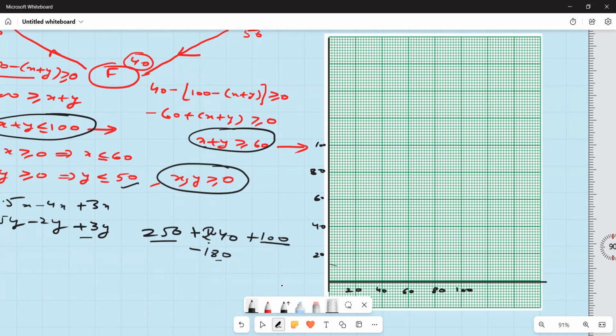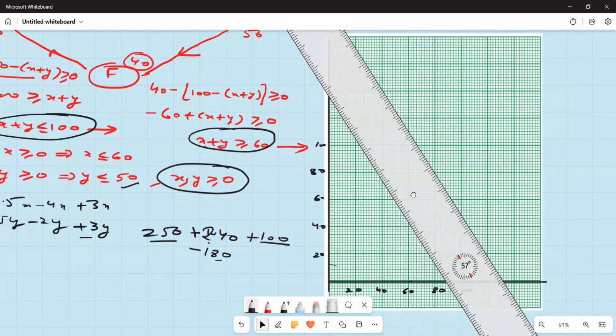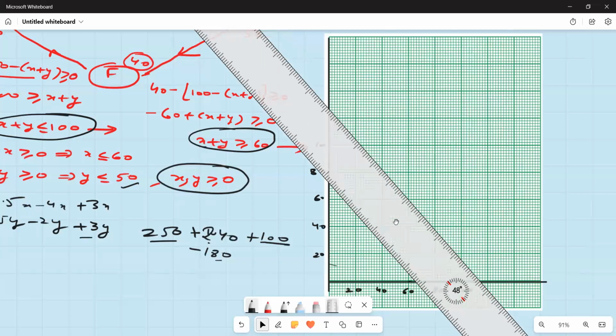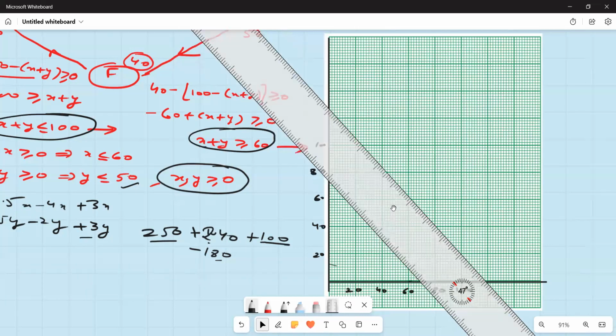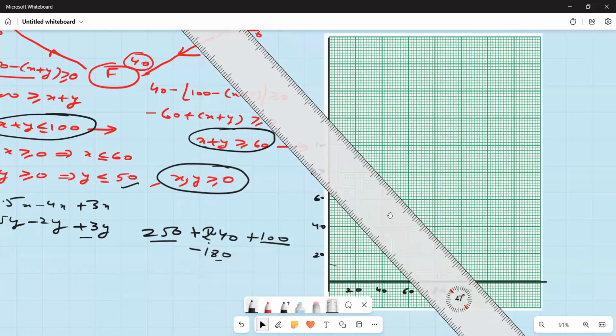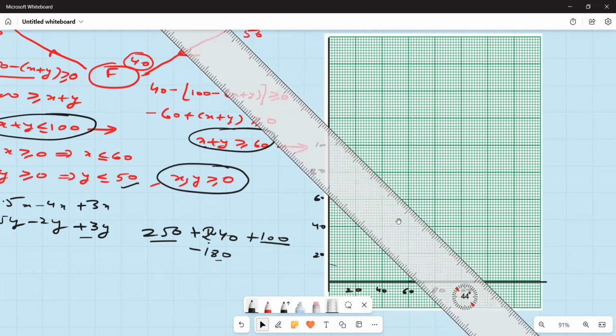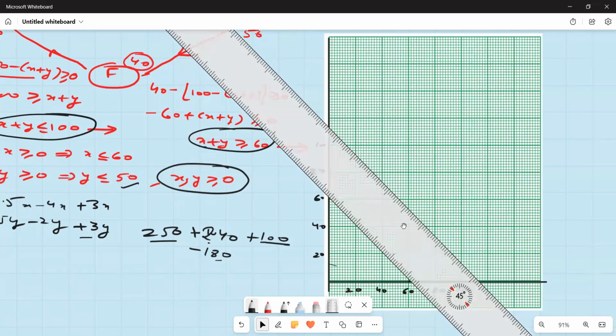So if I join this 60 point and 60 point, then you will get that line. Then the 100 line.